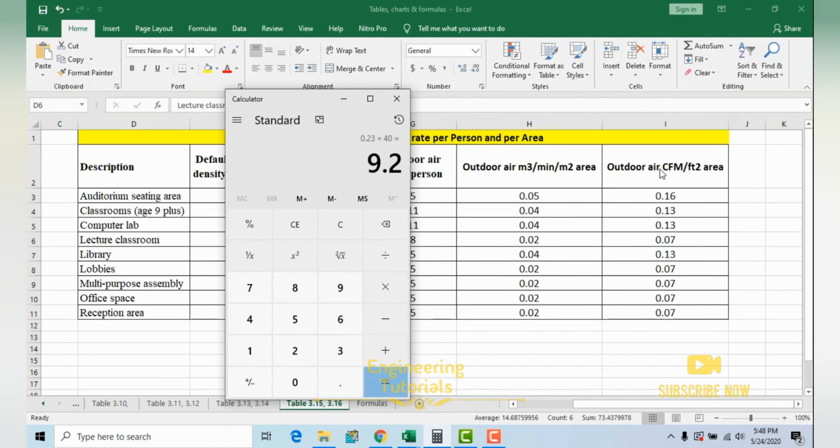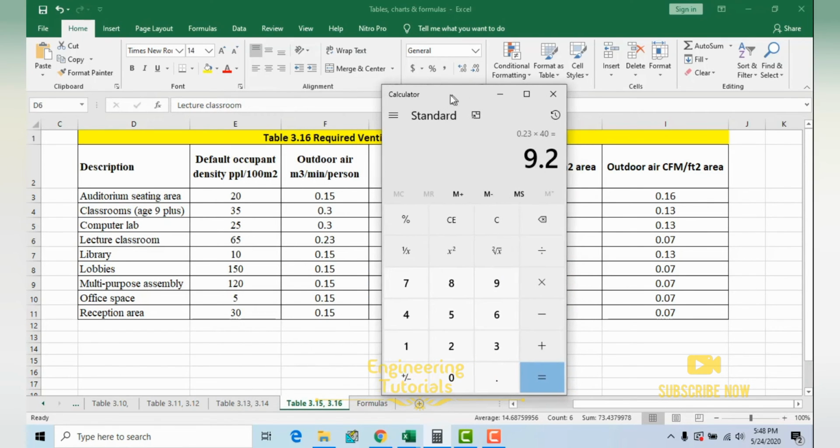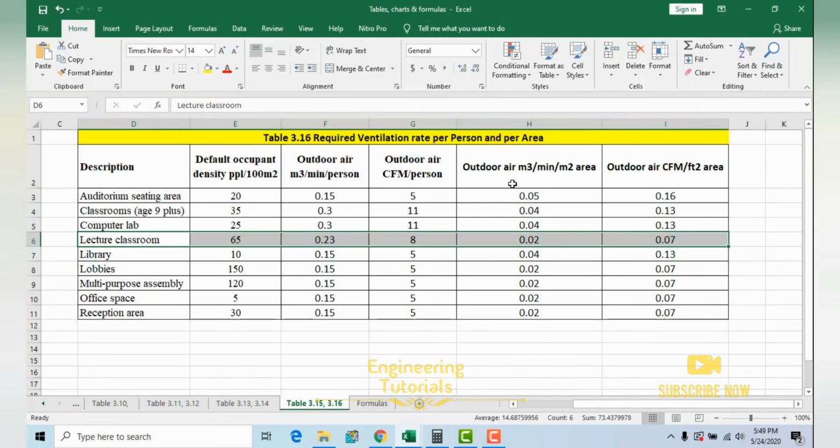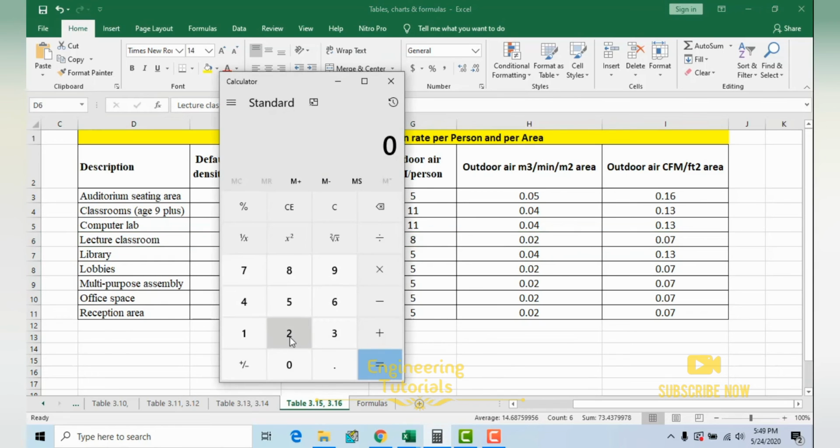And then due to the area also we have to calculate, because it is the sum of outdoor air due to the person and due to the area. So 9.2 is due to the people, and due to the area, the outdoor air requirement is 0.02 cubic meter per minute per square meter. We know that the area is 122.9 square meters, multiplied by 0.02.